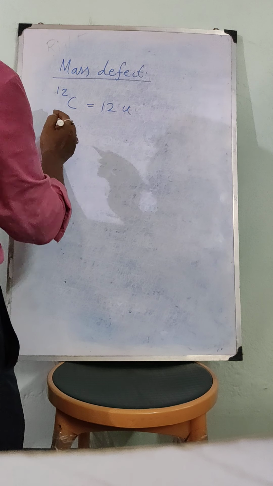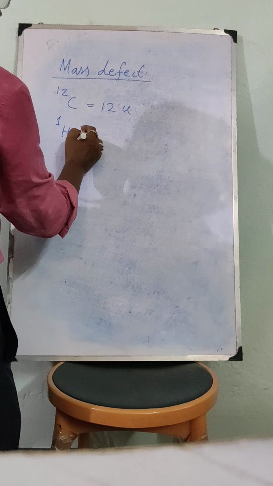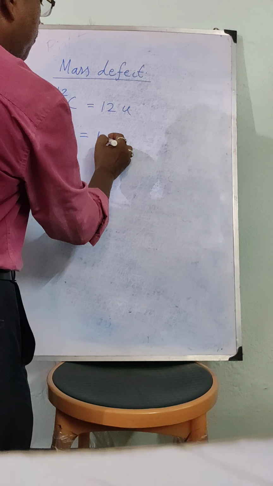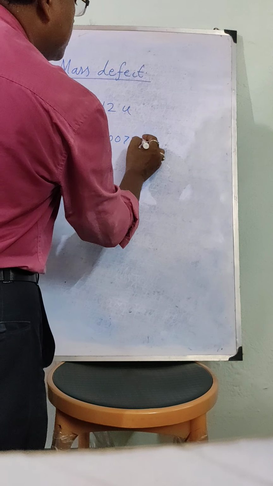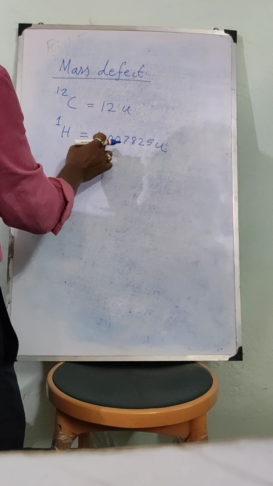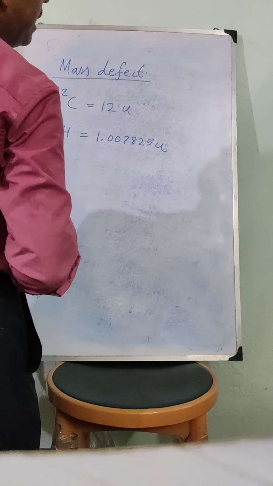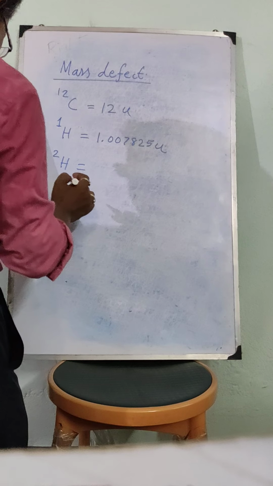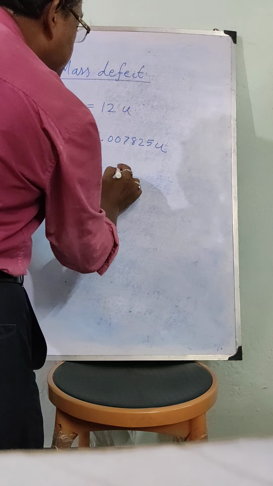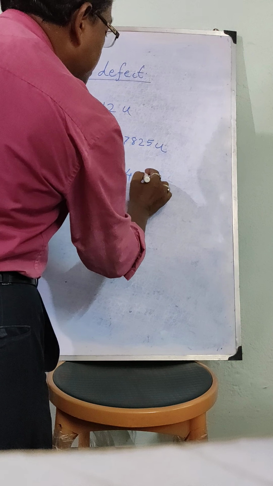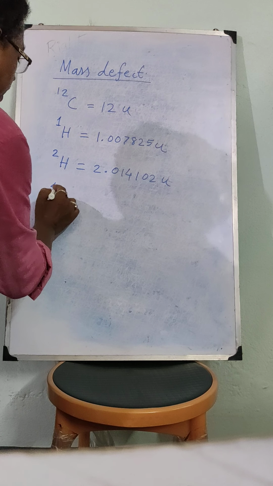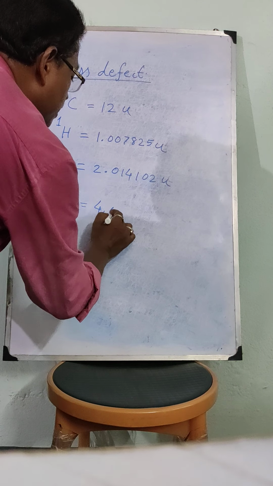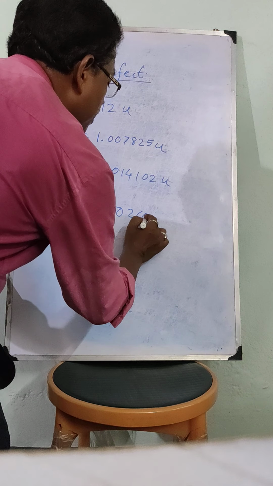But if you measure for hydrogen 1, it is not 1 U, but close to 1. It is 1.007825 U. For 2H, it is not 2 U, but 2.014102 U. Similarly, for helium 4, it is 4.002603 U.